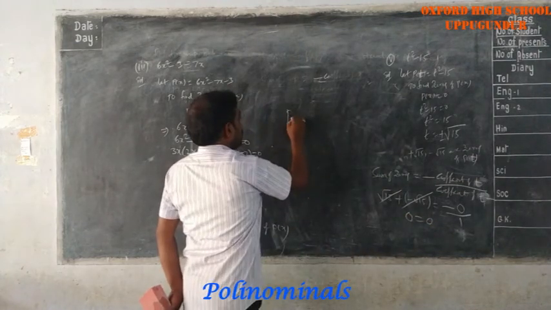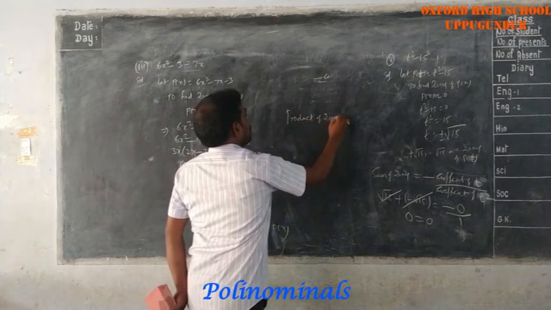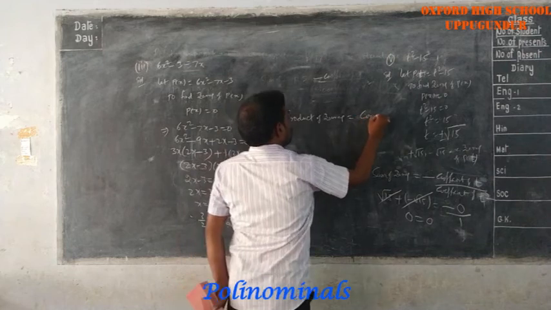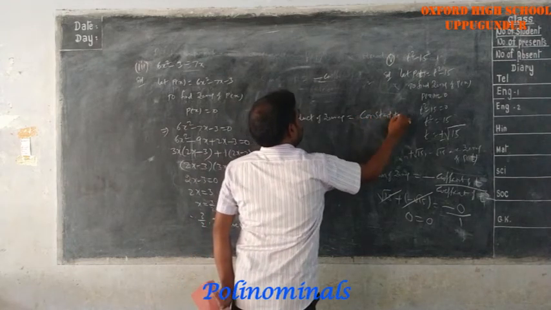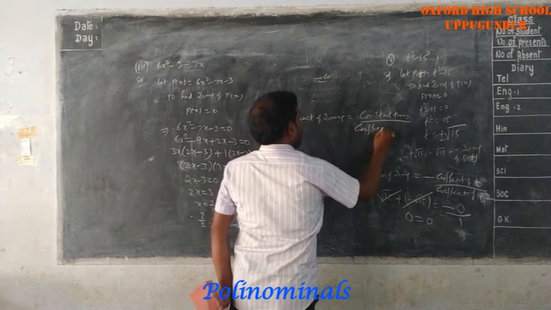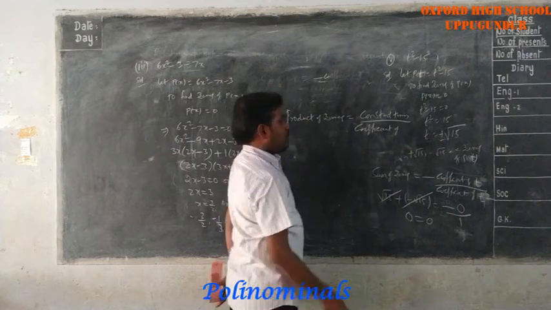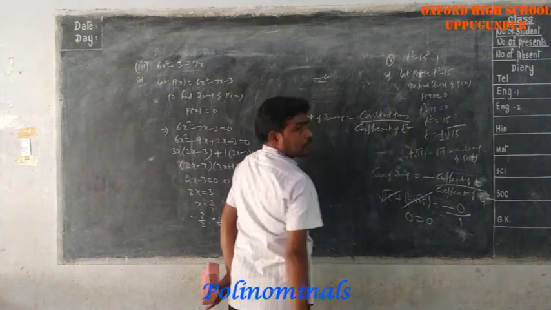Next, product of zeros. Product of zeros equal to constant term by coefficient of this polynomial, which is in terms of t, that's why I would write t square.